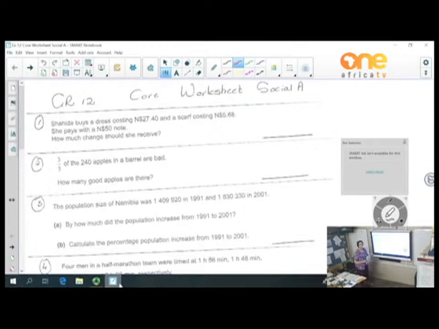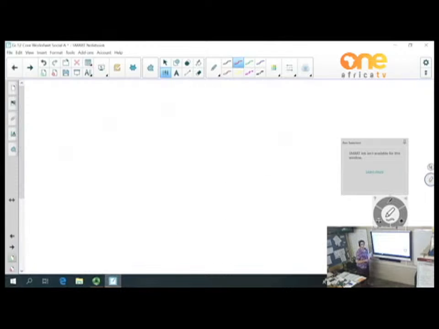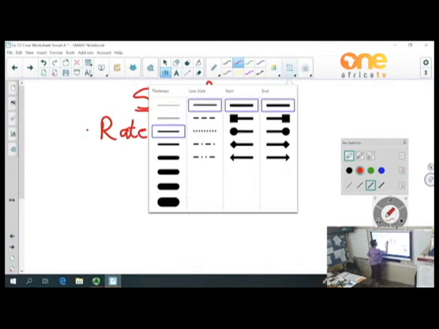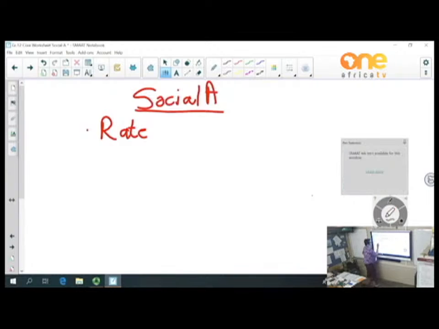So grade 12s, we are looking now at social arithmetic. Let's again go a little bit back to background knowledge that you need. Social arithmetic is about money and percentages. This is what we're dealing with here. So you can get questions on rate. Then ratio. There were 4 methods of ratio that you learned. To simplify it in a certain ratio.